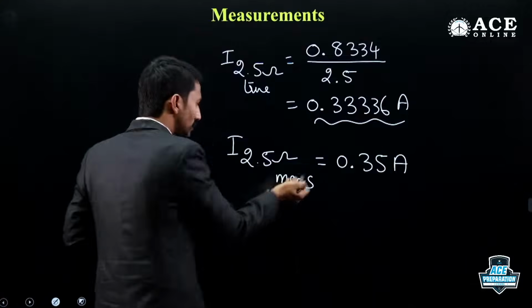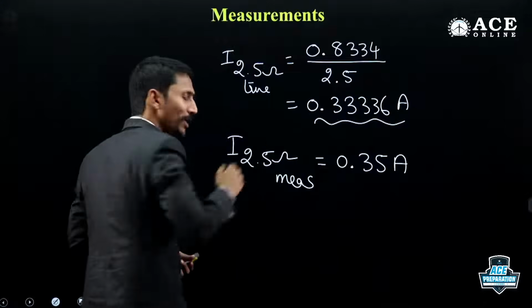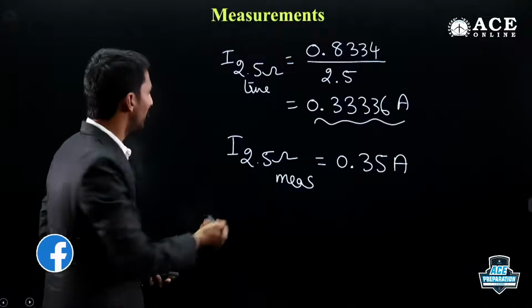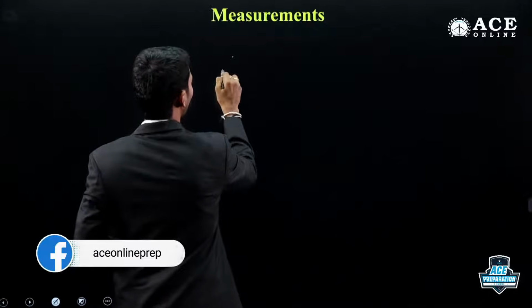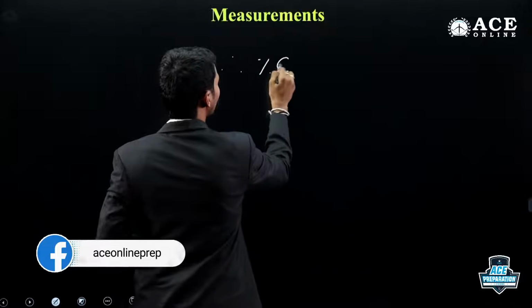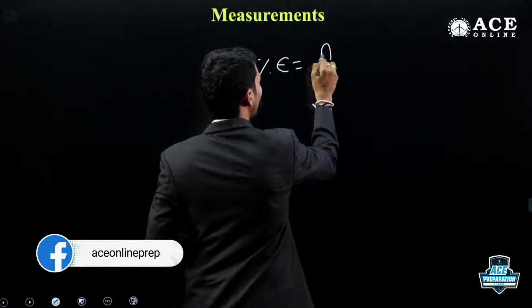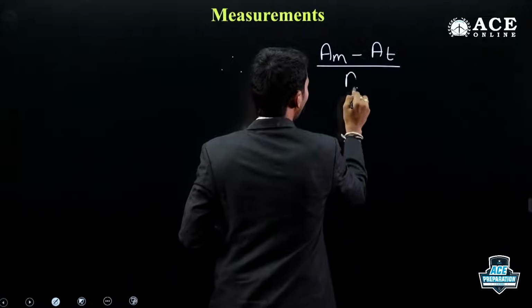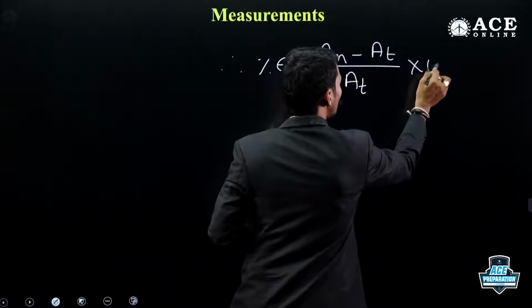Okay, now sir, these two are not same. If these two are not same, automatically what we can say, error will be there. That is, therefore, percentage error is equal to (AM minus AT) by AT into 100.